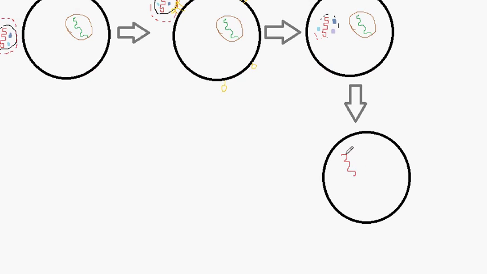Okay, so let me make it as quickly as I can. This is a double stranded DNA, and there will be the cell's nucleus, and there will be the cell's genetic material as always, and this will be DNA.